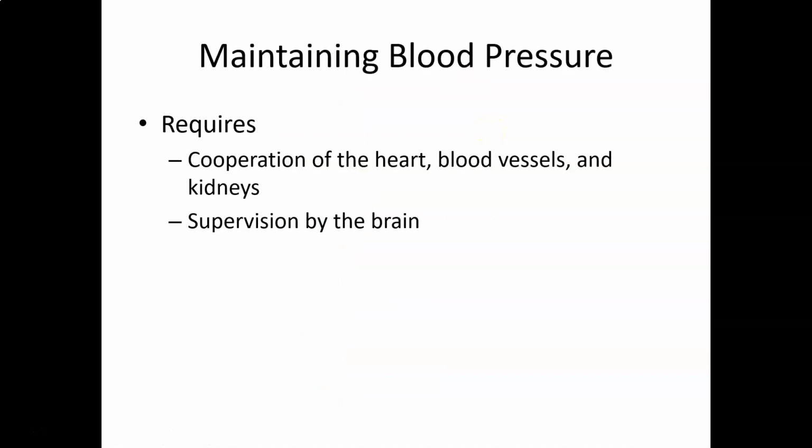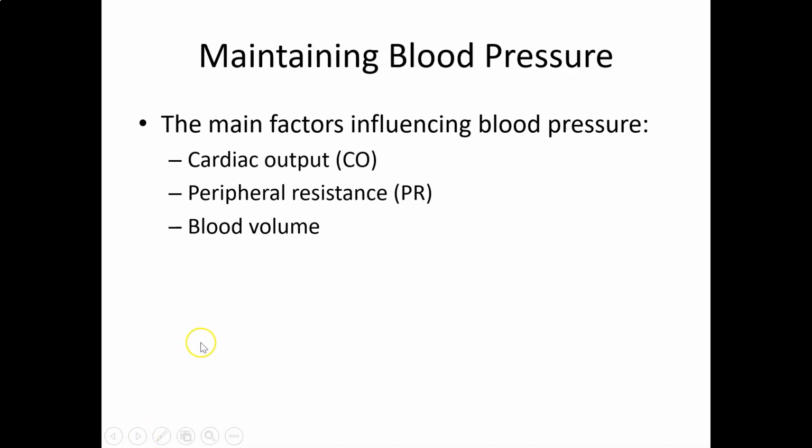Blood pressure, again, is the thing that makes circulation happen. Maintenance of blood pressure is something we super care about because it requires this coordination of these different organs with the supervision of the brain. The three big things that influence blood pressure: cardiac output, resistance, and volume. This is very easy.